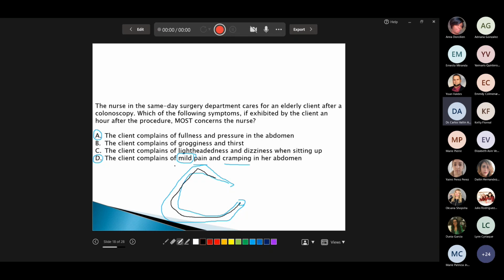Having mild pain, cramps, and experiencing pressure and fullness in the abdomen is expected.